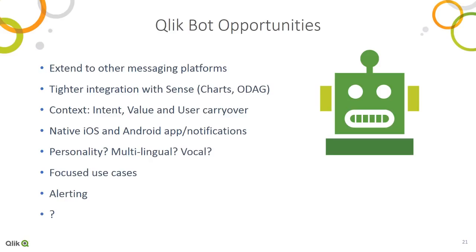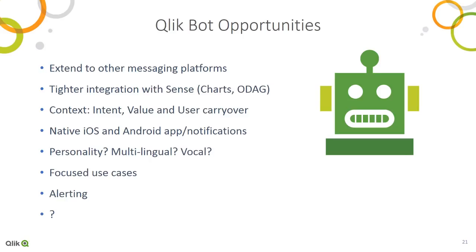And then looking at other things, maybe a little bit more esoteric, around personality. Can your Qlik bot have a personality? Can you customize that personality, or can an end user customize that personality? Right now, we're mainly focused on our bot speaking in English, although with QlikBot.net, we have been working on other language support as well, and hopefully that will be coming soon.